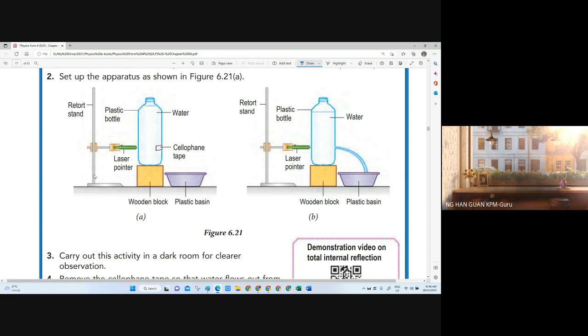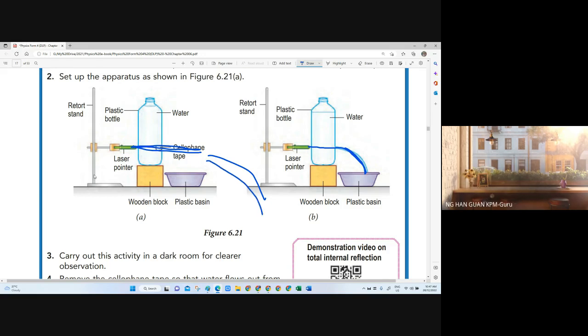By right, this laser light would just penetrate through in a straight line, forward, because the light is not bending. But when we make a small hole and open it, we notice that the laser light follows the water, because of total internal deflection. Here is the water.